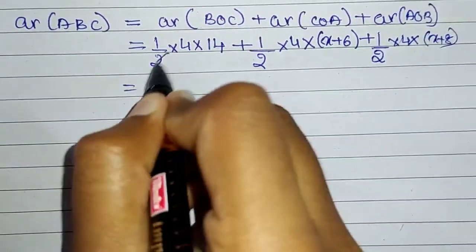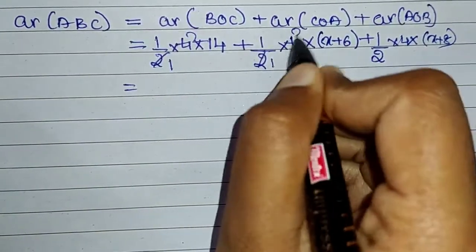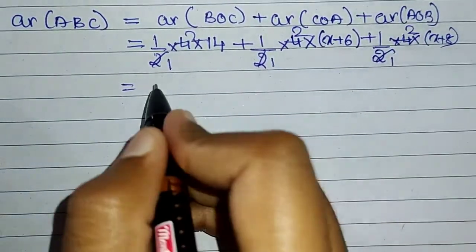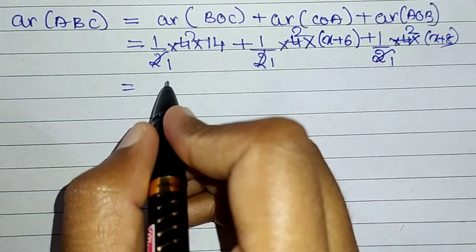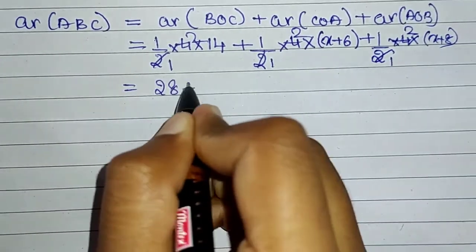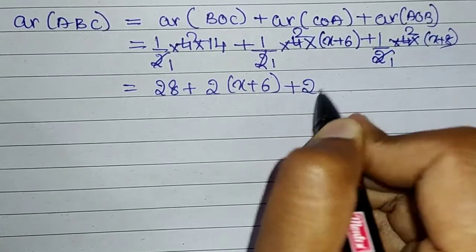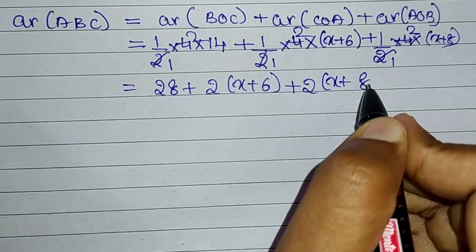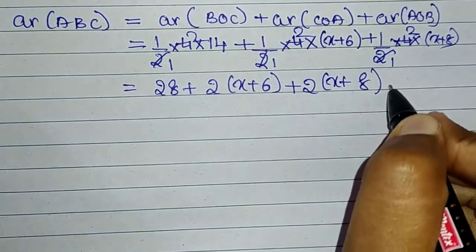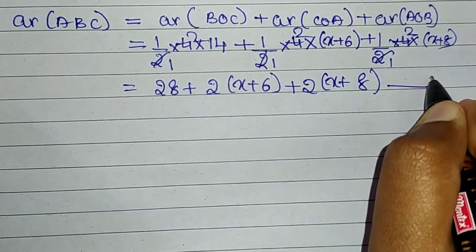So on simplification, we'll get 28 plus 2 times (x plus 6) plus 2 times (x plus 8). This is our result 2.